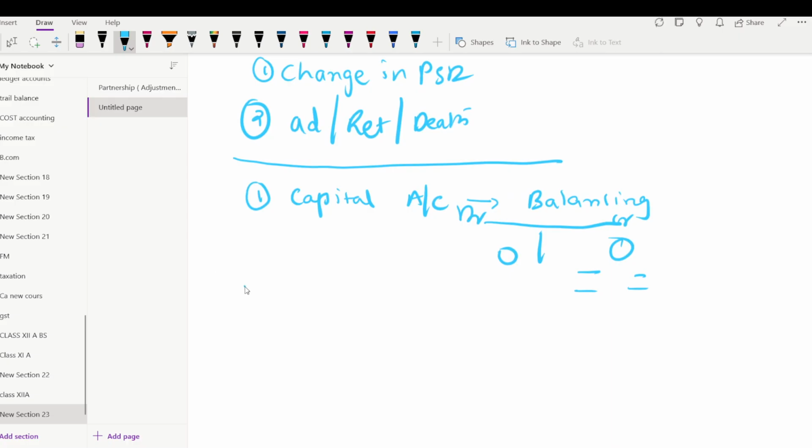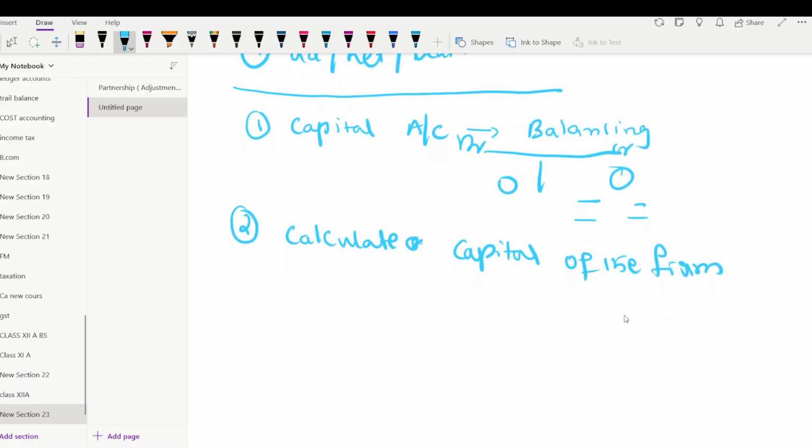Then the second step we have to do, we need to calculate capital of the firm. How to calculate capital of the firm?